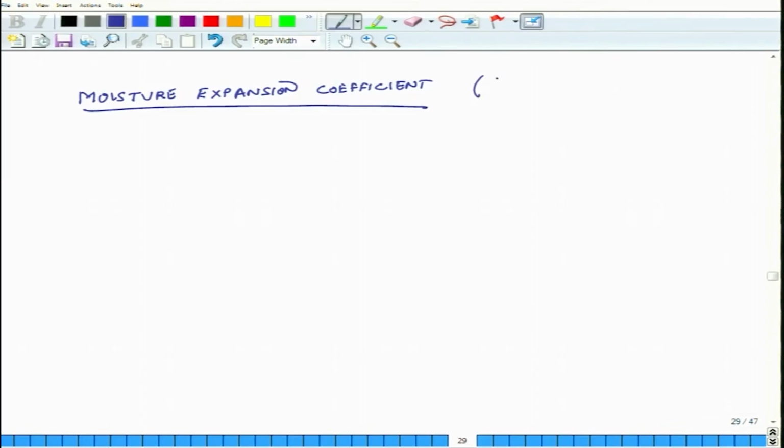This is designated by beta. So, for the matrix, beta m is equal to 1/3 of rho divided by rho water. So, what is rho? Rho is the density of matrix after it has absorbed moisture.